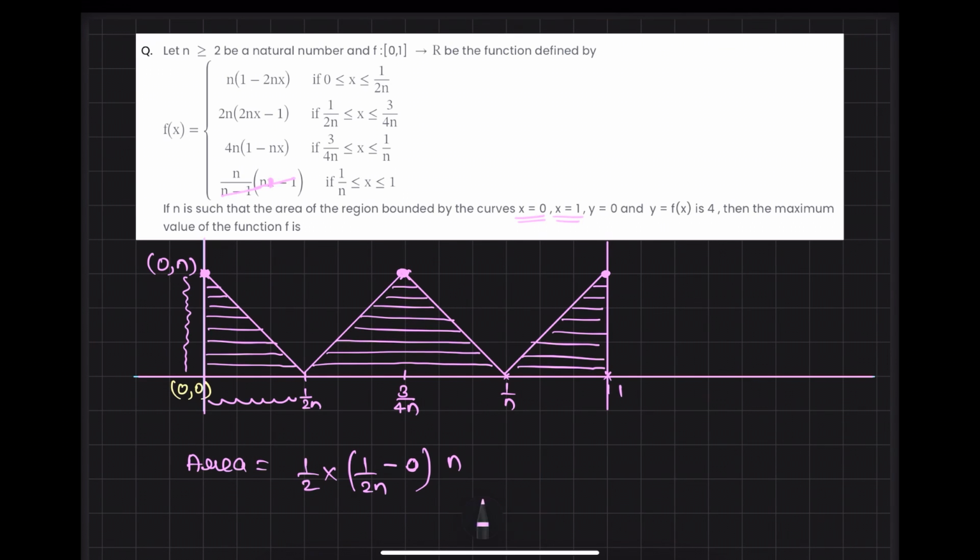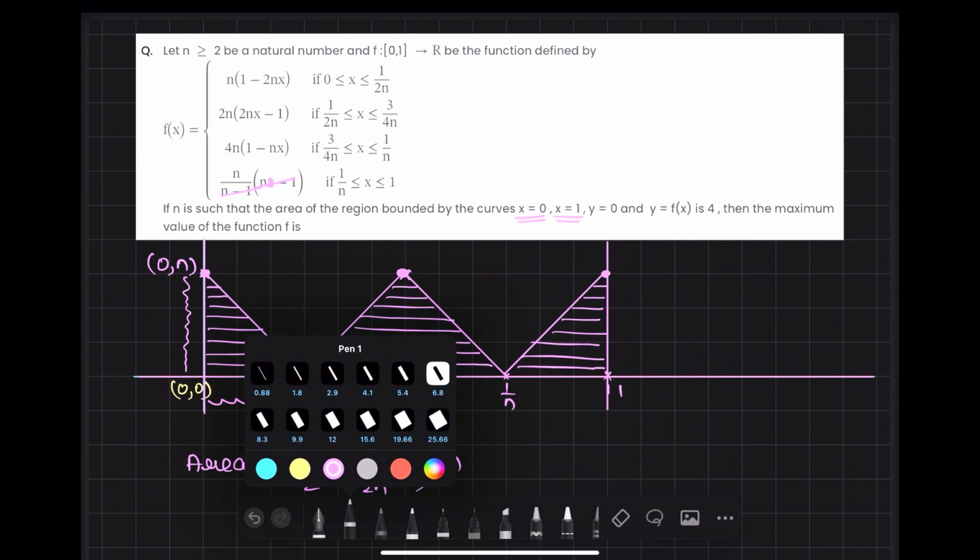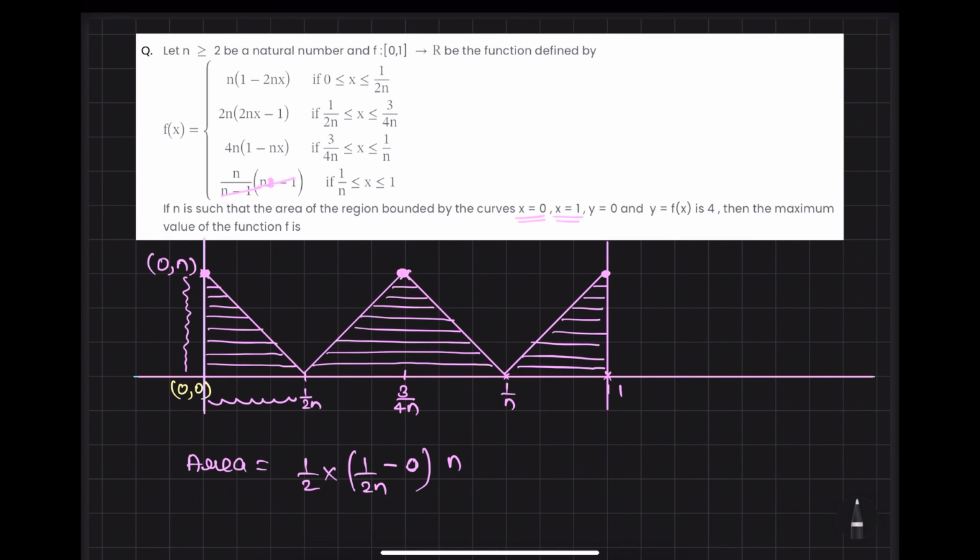So this is the first part of the area. Okay. Now second part, half again, base will become this. So who is the final? 1 by n is the final. Final minus initial, 1 by 2n into height. Height is again n. You may say that, sir, how can you decide that the base is this much?